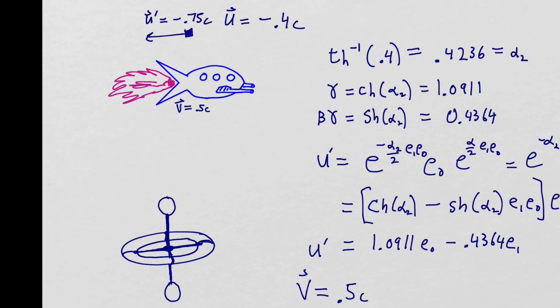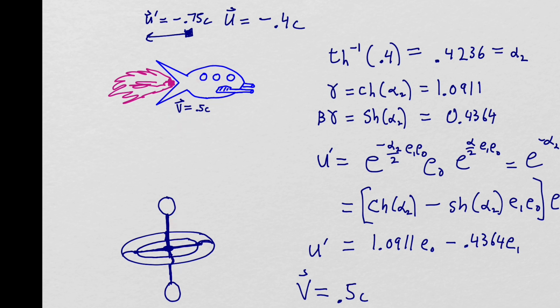Okay, so I think I've prepared it all. Same problem. u is minus 0.4c. u prime is minus 0.75c. So what we're going to do is we were given u prime, we'll do it slightly differently, right? We're going to do it where we know v, right?